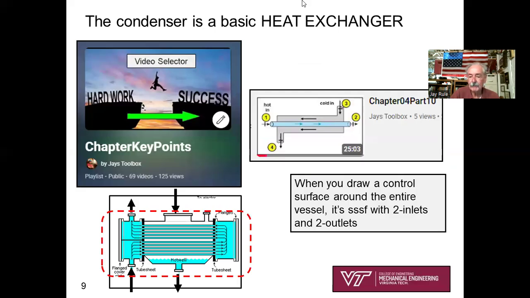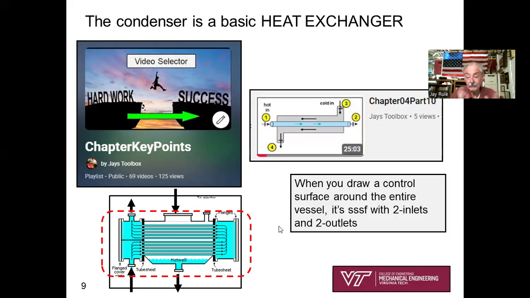Now, just to remind you, the condenser is just a basic heat exchanger, is really all it is mechanically. And so if you take and draw a control surface around the whole condenser that includes the cooling water, you'll see that you've got a heat exchanger with 2 inlets and 2 outlets, steady state, steady flow. The 2 streams do not mix.